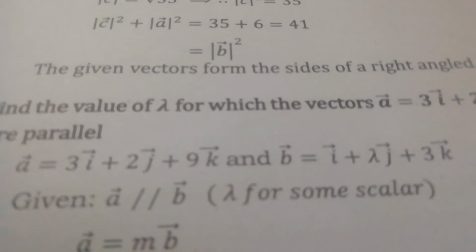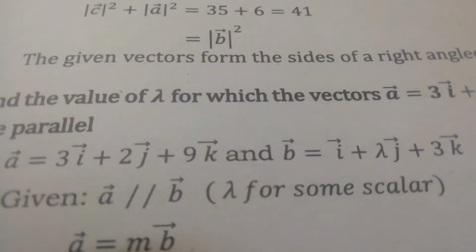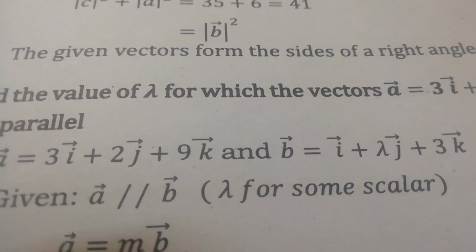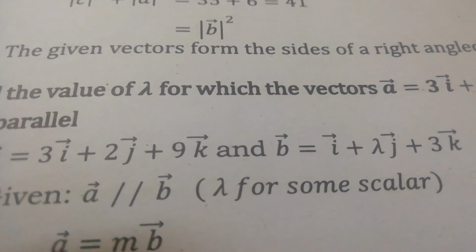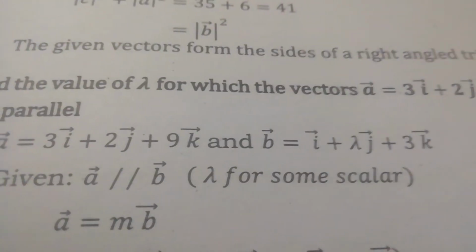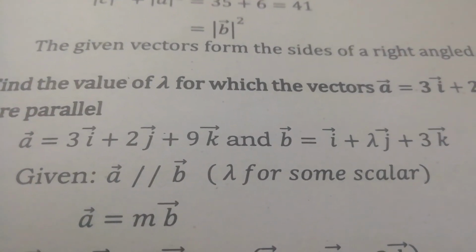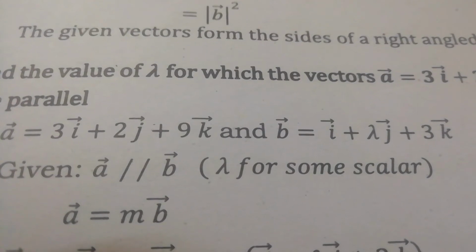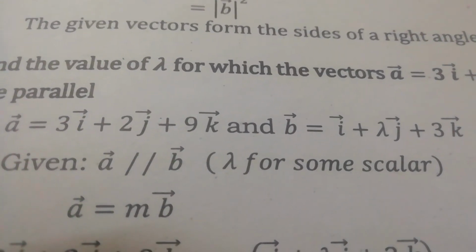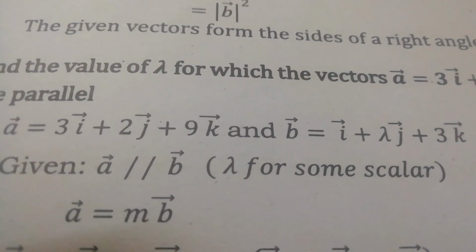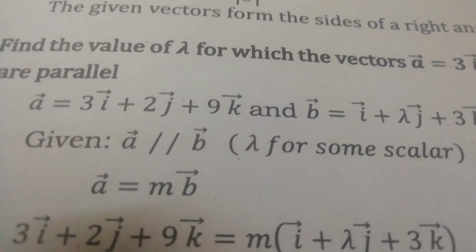One vector is equal to a scalar times the other vector. Given a and b are parallel, we can take m as a scalar, so vector a is equal to m times vector b.